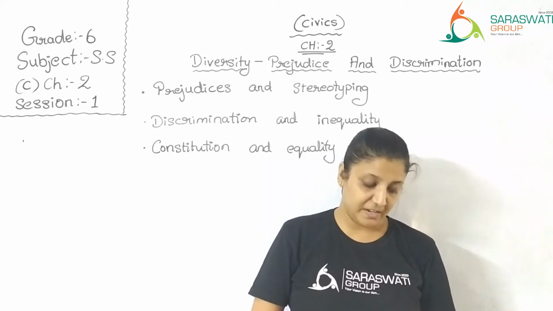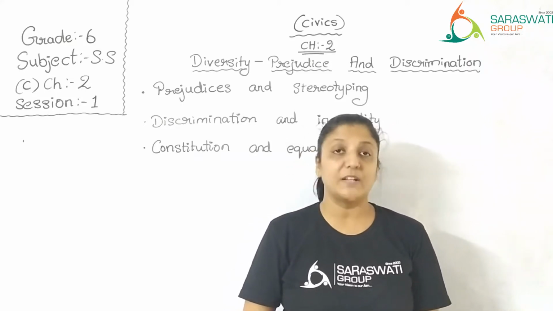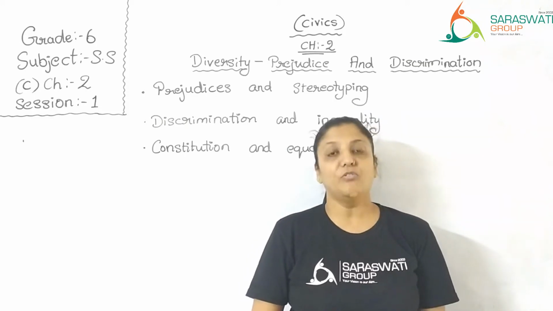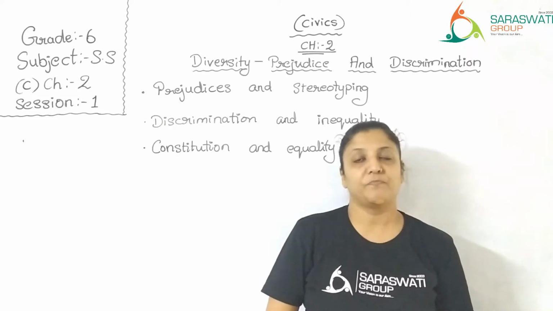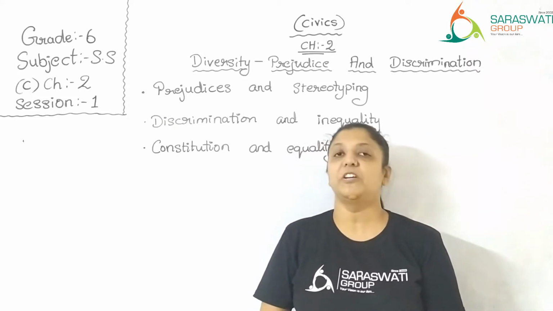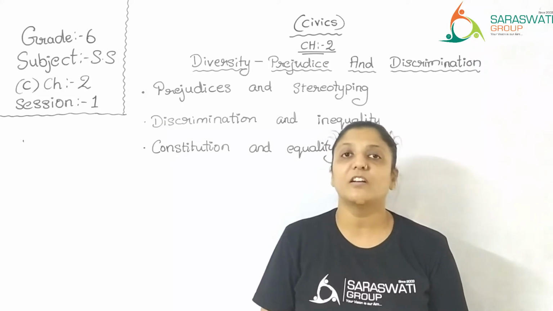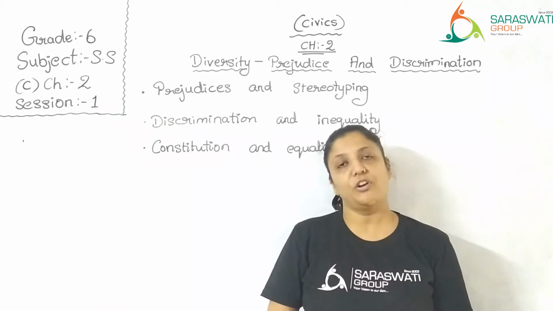A person is said to be prejudiced if he or she develops an attitude towards a person or a group of persons without having enough or correct information about them. So without having any information about somebody or something, if you start judging them, then that is called prejudice. Prejudice can be positive or negative.